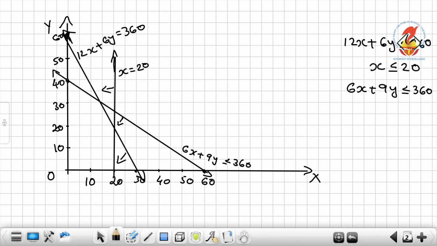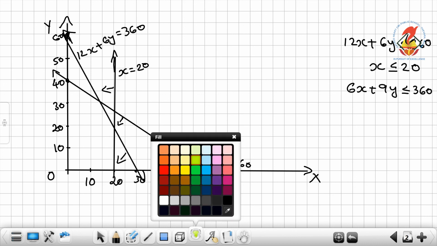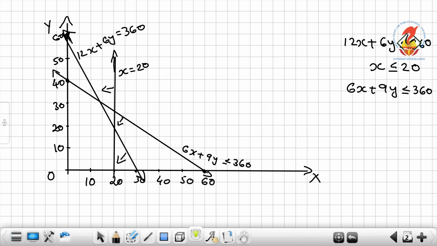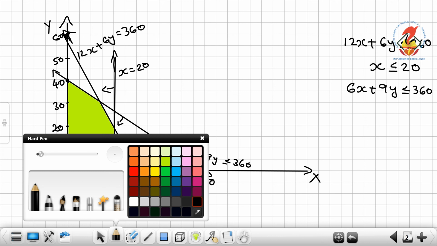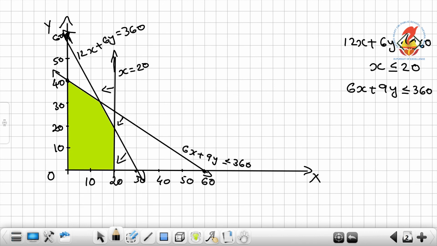So we get that closed region, isn't it? So this is the solution region. The first line is towards the origin, the second is towards the origin, and the straight line also towards the origin. Now which are the corner points?